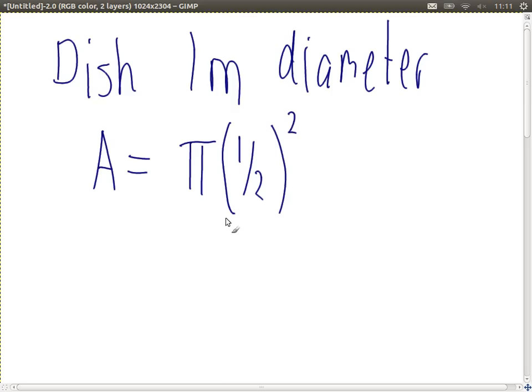A 1 metre dish-shaped antenna, about this size, has an approximate area of about 1/4 pi square metres. And let's make an assumption and say that the effective area is half of that. I'd have to give you that assumption in an exam, but let's say the effective area, AE, is a half of the real area.